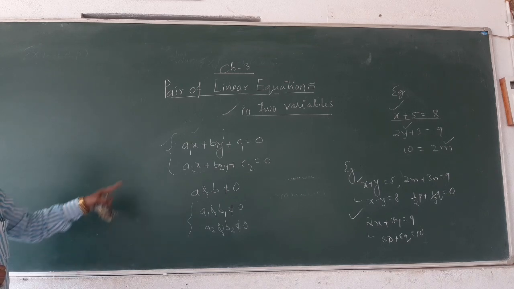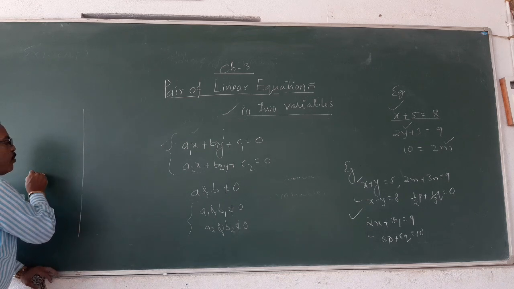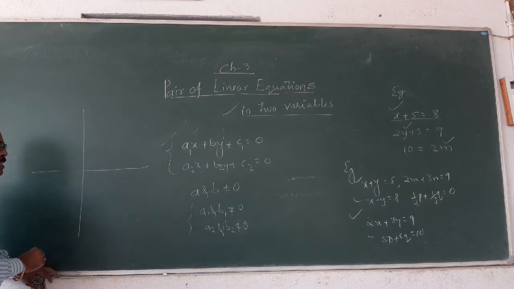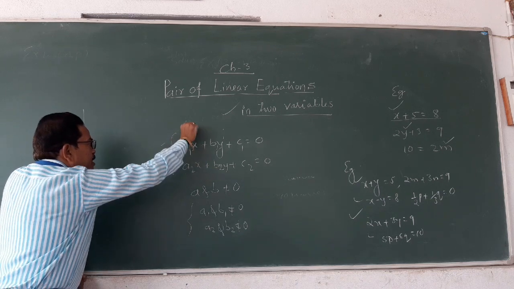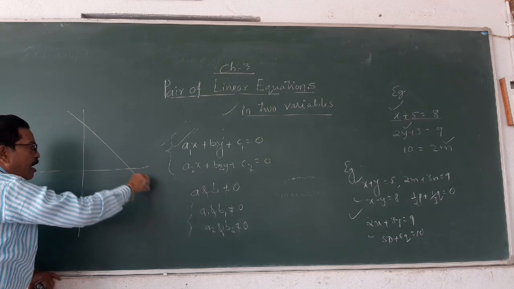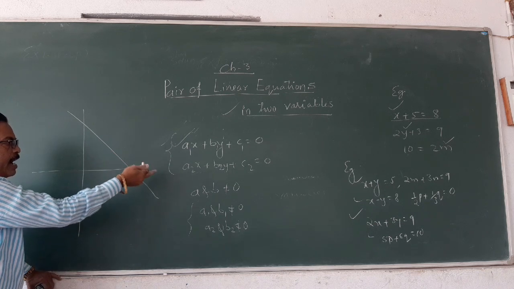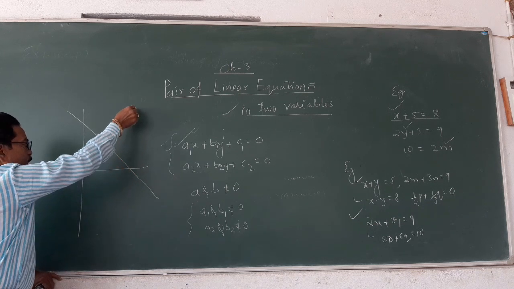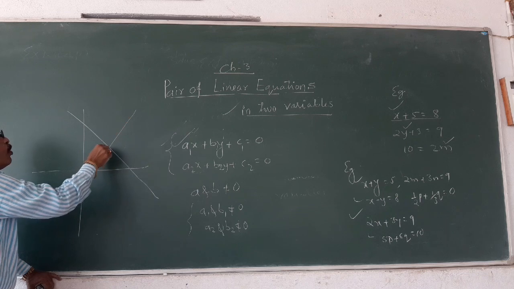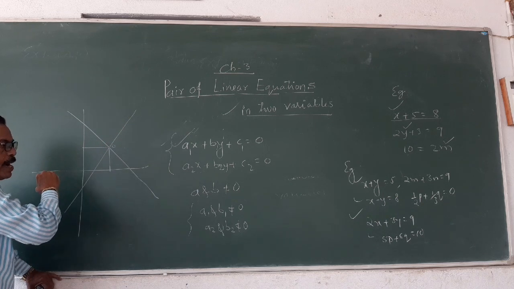Can we draw the graph of the pair of linear equations? We have the graph which represents it like this. For example, if you consider this equation, you will get a straight line of a simple linear equation in this format. Another one can form in this form. That is, both the linear equations will intersect at a certain point.